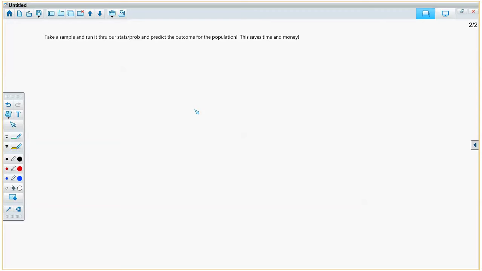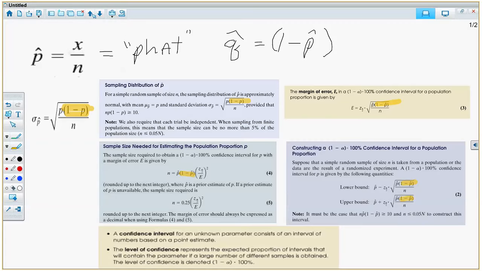That's called the confidence level, and that's on the previous page. And I just want you to be familiar with these terms right now, because we're not going to do any math right now. We're going to get familiar with these terms. And that's the confidence level right here. I've never heard anybody call it level of confidence, and I've been teaching statistics for about 6 or 7 years.